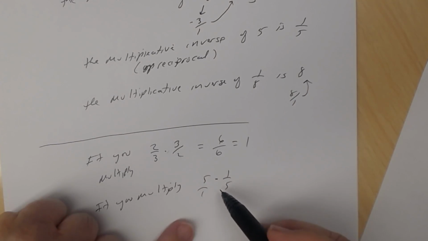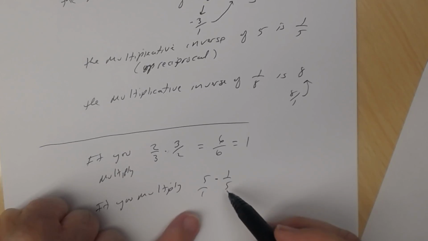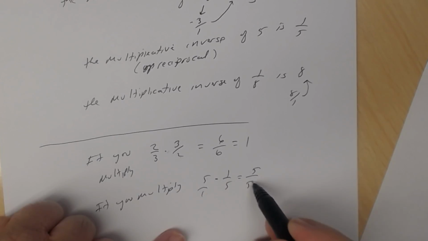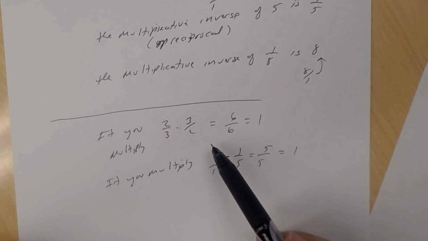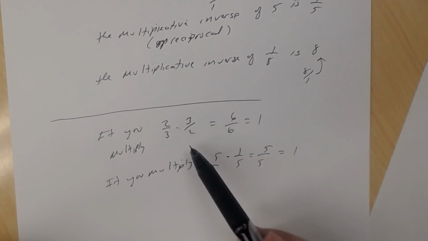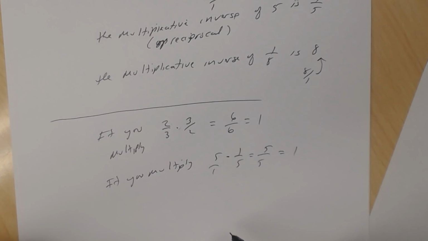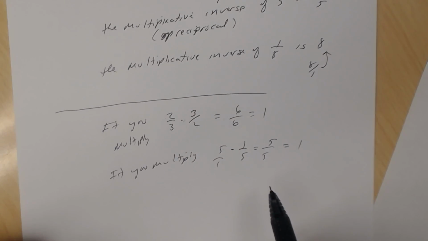Notice that those are reciprocals, those are multiplicative inverses. But if you multiply them, 5 times 1 is 5, 1 times 5 is 5, you also get 1. So whenever you are multiplying reciprocals, your product is going to be 1. Okay, so your product will be 1.